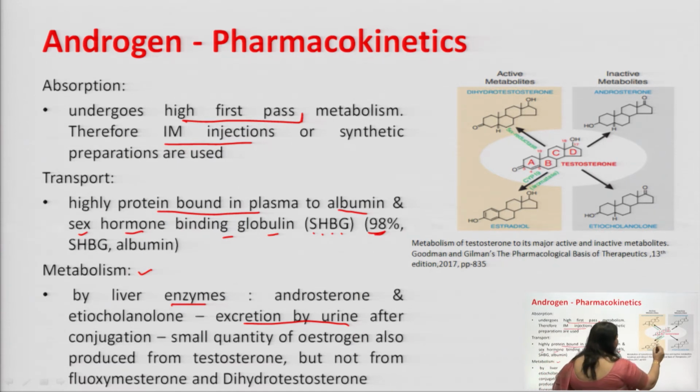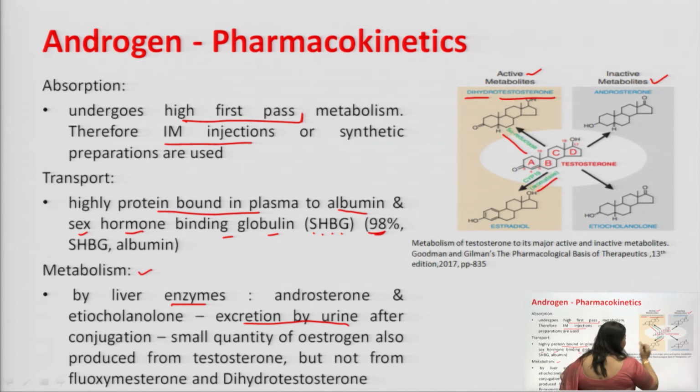We can see here that testosterone produces certain active metabolites and also inactive metabolites. The active metabolite, we have already seen, is produced by the enzyme 5-alpha reductase, which produces dihydrotestosterone, which is responsible for most of its actions.